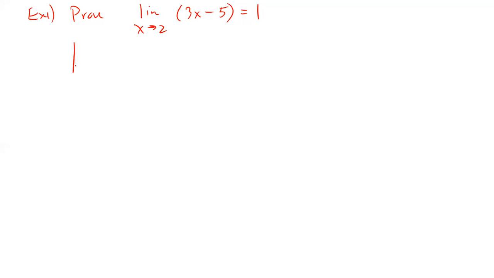It says the function itself, f of x minus L, is less than epsilon. Are we good there? If I can satisfy this equation right here, so this is absolute value of x minus 2 is less than delta. Okay, good there. That's based upon the definition itself.